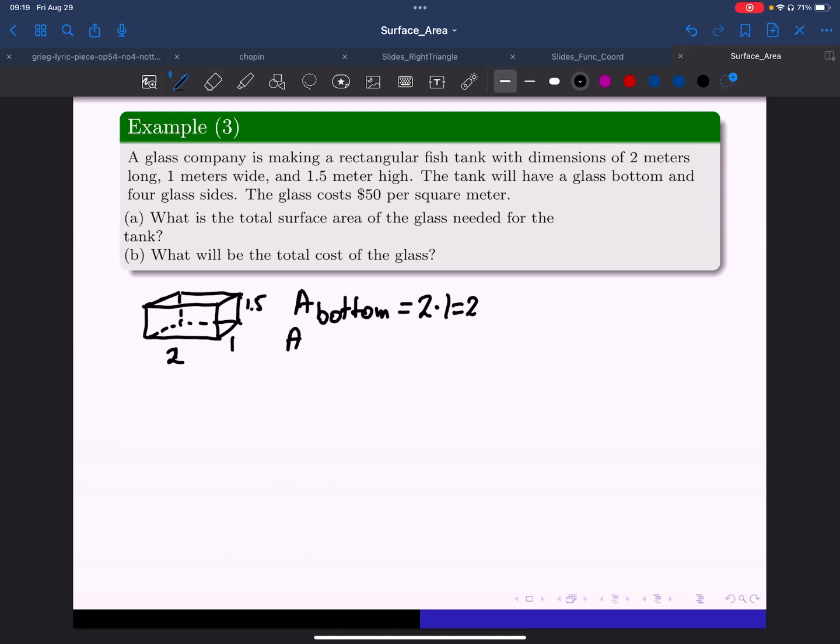Area on the sides would be length times width, which is 1 times 1.5, and this is 1.5. And then we need to have area of the front and back.